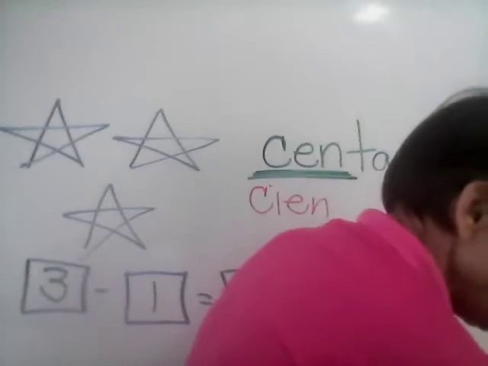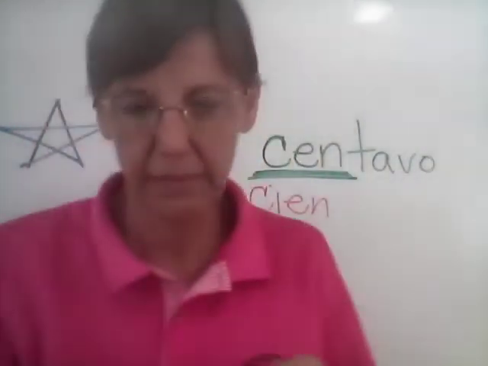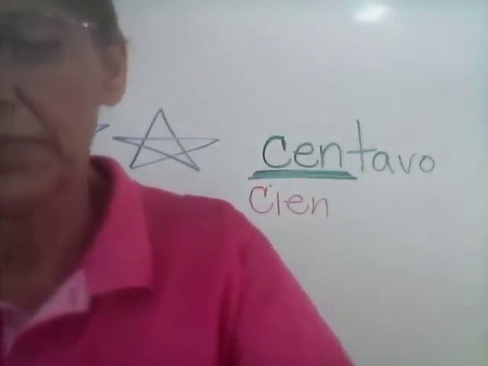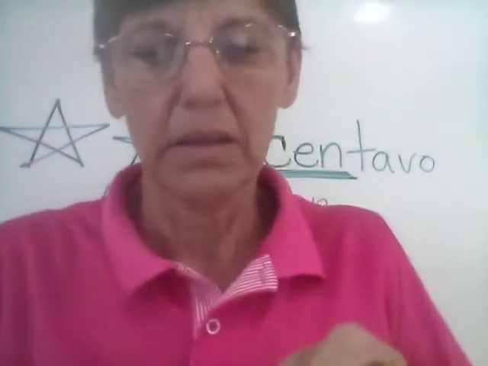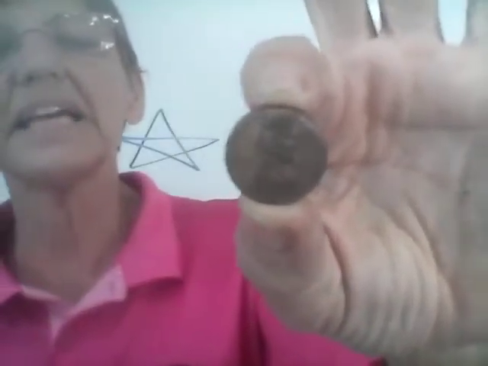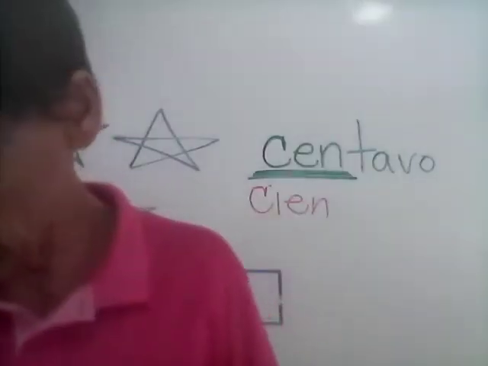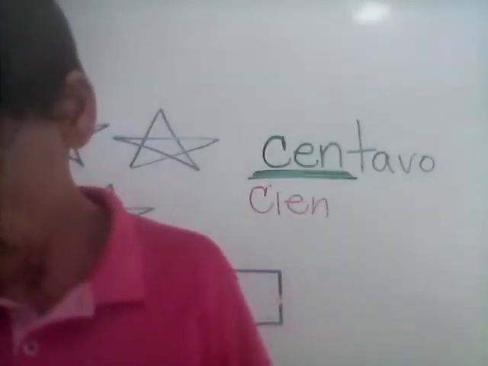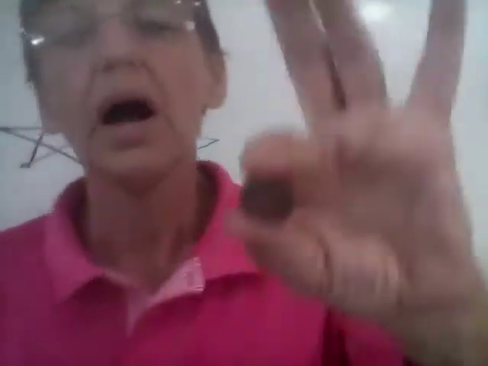In the United States, we use coins. Oop, dropped it there on my computer. There we go. Okay, you can't see this one very well. Maybe I have a better one. These are old. But that's a centavo.